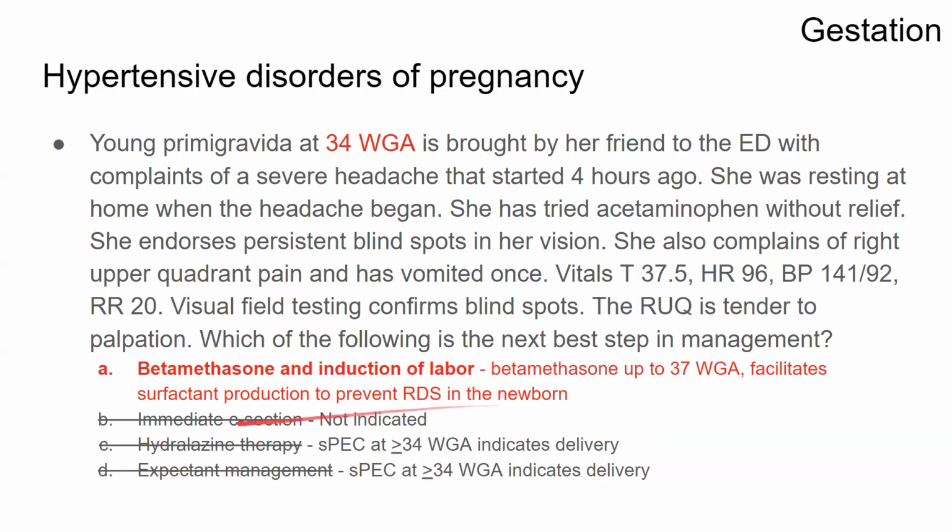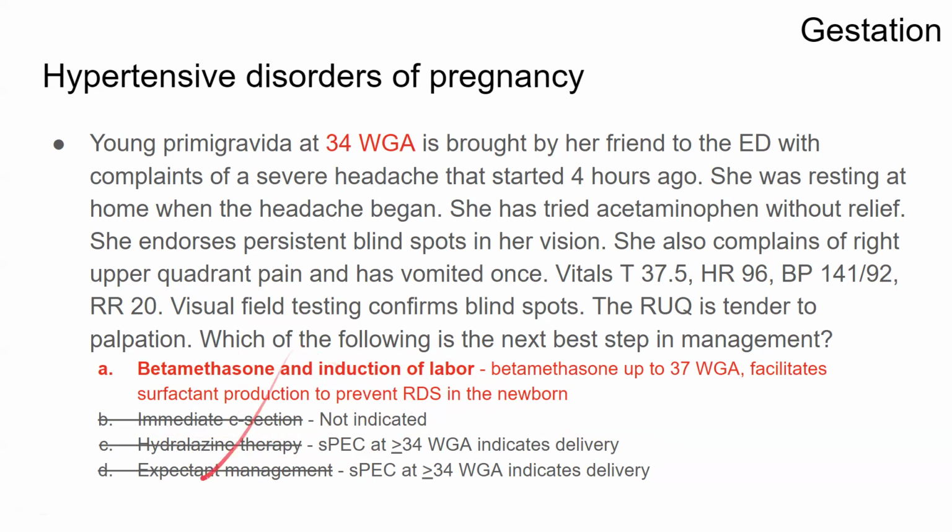You'll also see immediate C-section. Preeclampsia with severe features by itself is not an indication for C-section. If there's other stuff going on that's showing you that the baby is not doing well, then you would want to think about doing a C-section. But severe preeclampsia by itself is not an indication for immediate C-section.